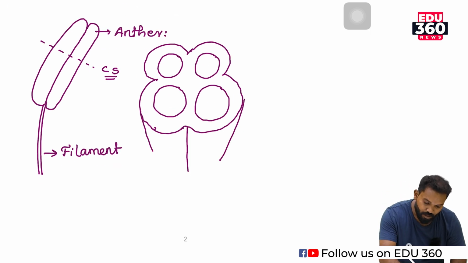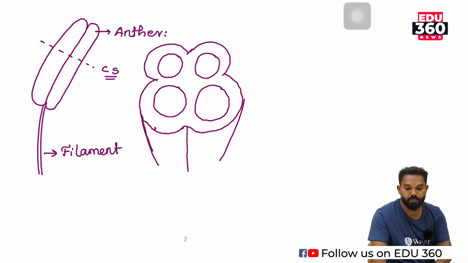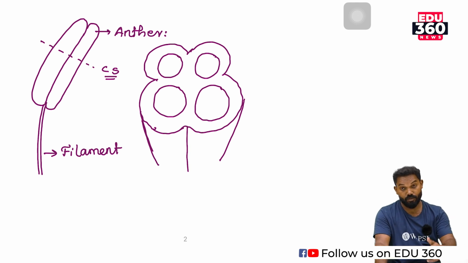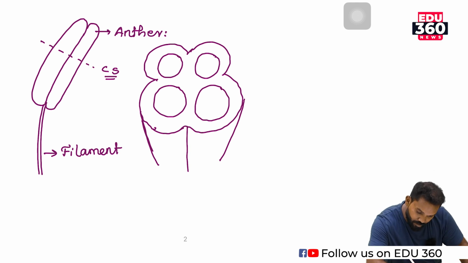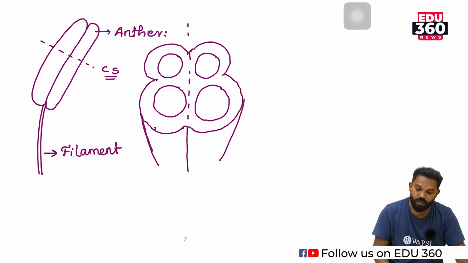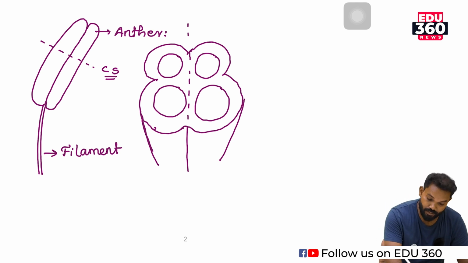Actually, this is the cross-sectional view of not only the microsporangium, it is the anther. If we cut through this, it has two parts. Each part is considered a theca.